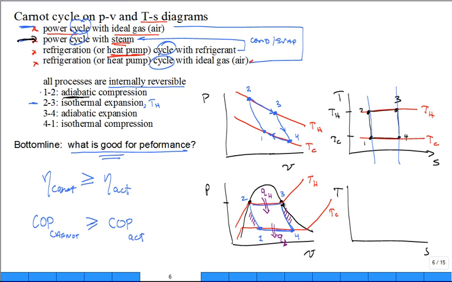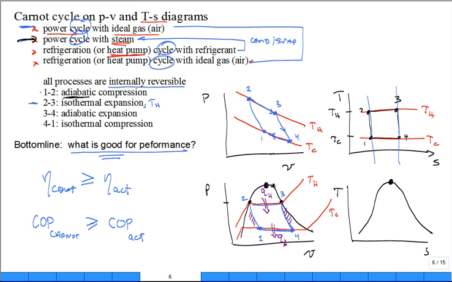Okay, now do I have a dome on the temperature entropy diagram? Do we have a dome like that for the two-phase region? Sure. Is the top of this dome, I forgot the name of that point. Critical point, right?